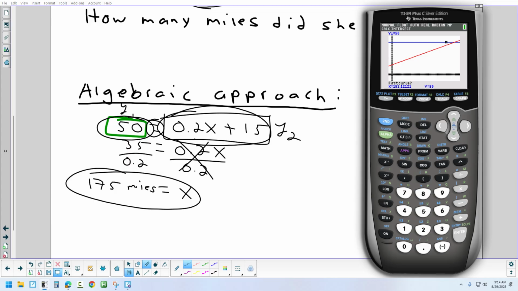Everybody should be at a screen now that says first curve. I'm just going to stop there for a second. Is everybody at a screen that says that? Okay. When you want to find an intersect, it's going to ask you 3 questions. The first thing it's going to say is pick a point anywhere on the first thing that you're trying to find where it crosses the other thing.